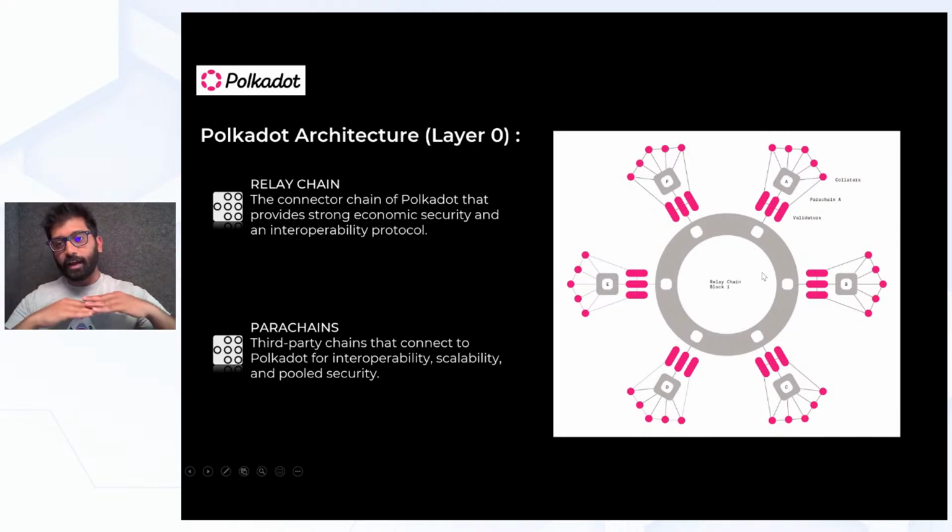So Polkadot is the underlying layer which facilitates all these layer one blockchains to talk to each other, and it also provides security for them. These individual parachains are third-party chains that connect to Polkadot for interoperability, scalability, and pooled security.